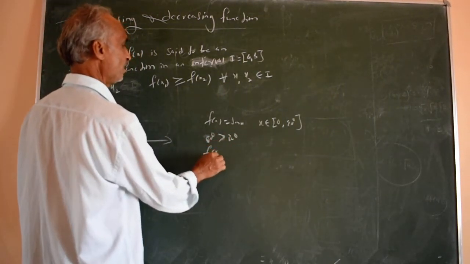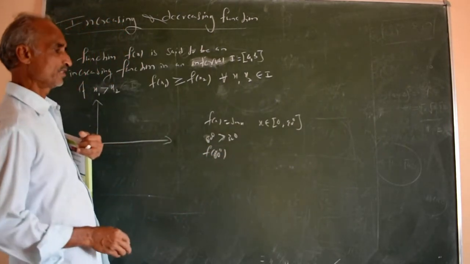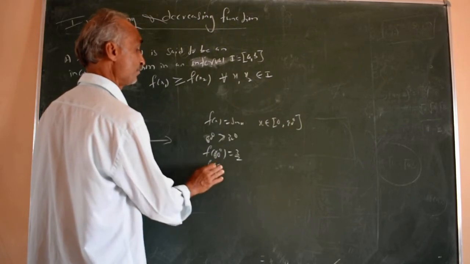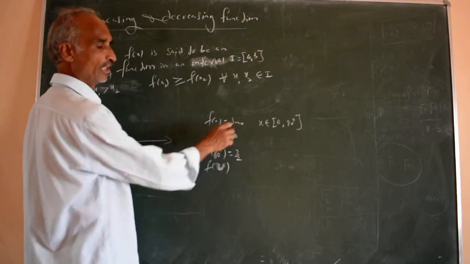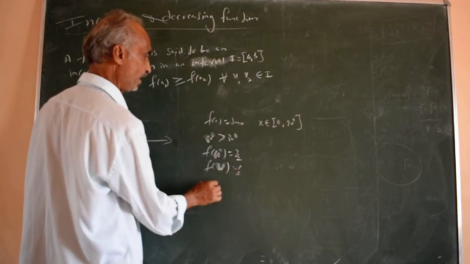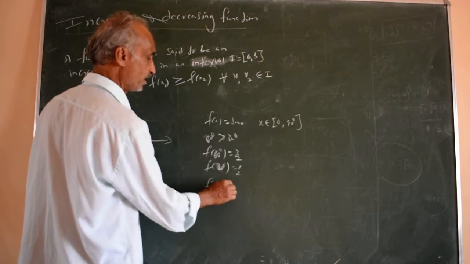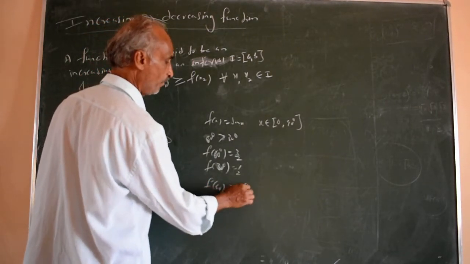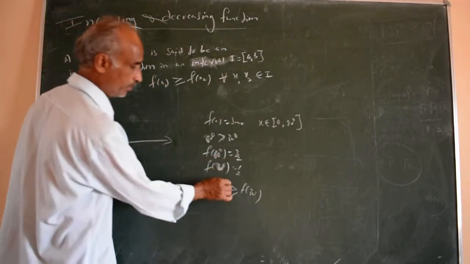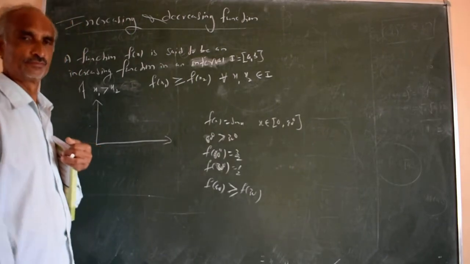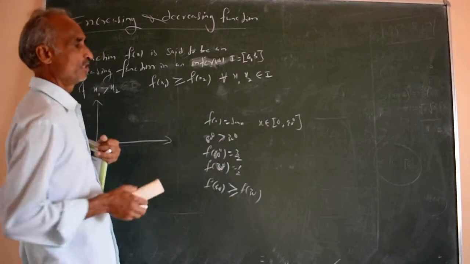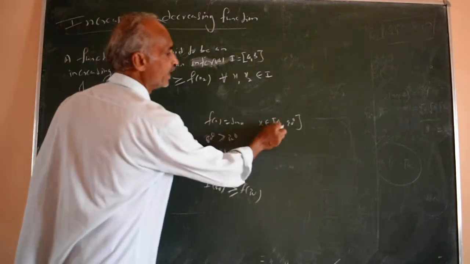F of 60 is sin 60, and f of 30 is sin 30. Sin 30 is half. Definitely f of 60 is greater than or equal to f of 30. Either it should be greater than or equal to, for simply increasing. Therefore f of x equals sin x is an increasing function in the interval 0 to 90.